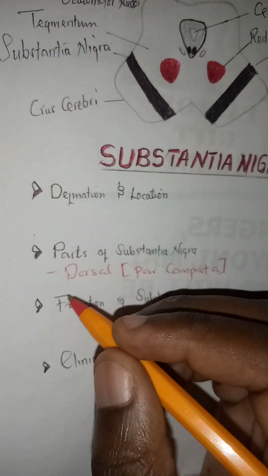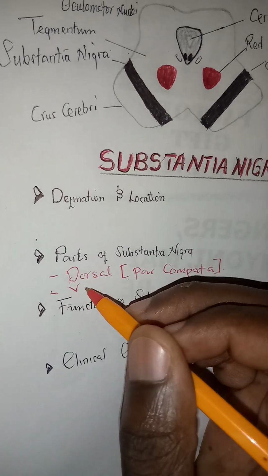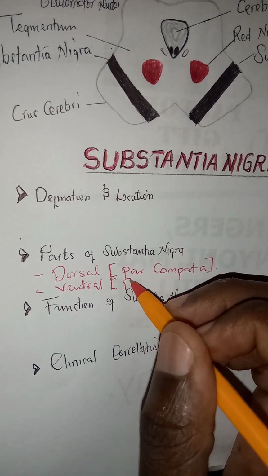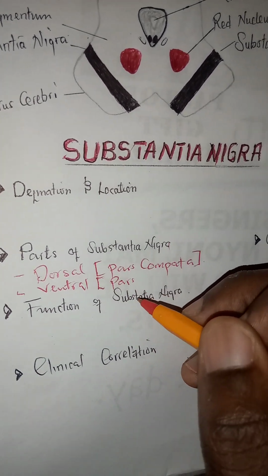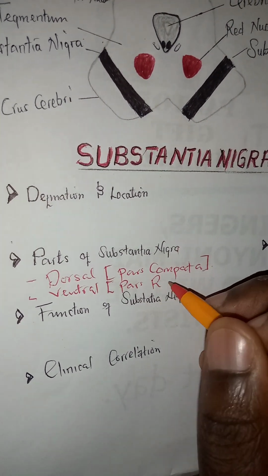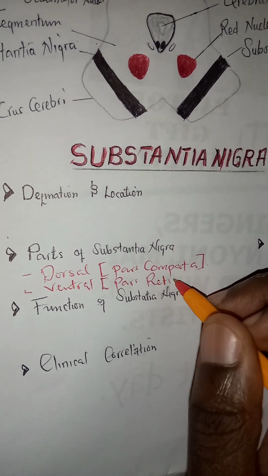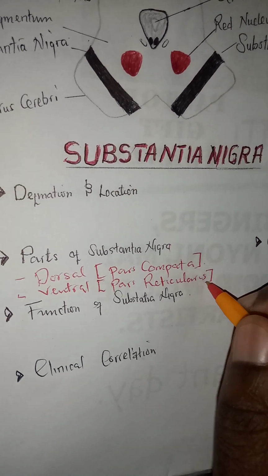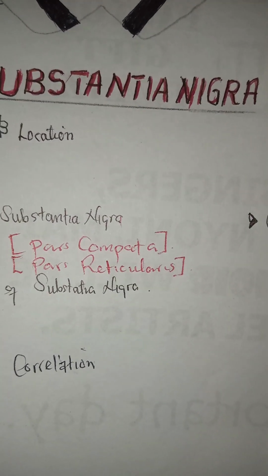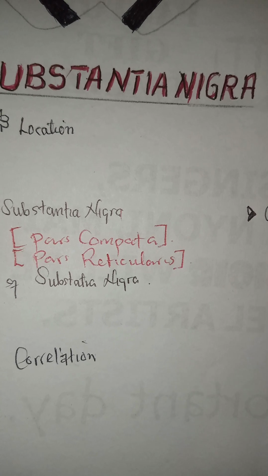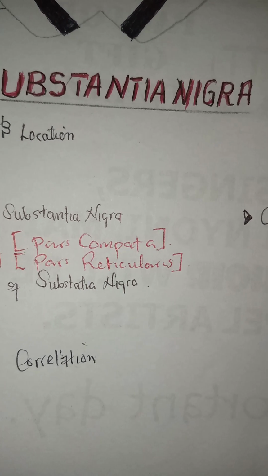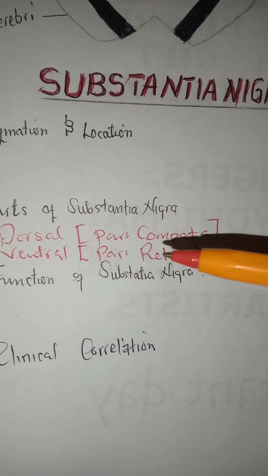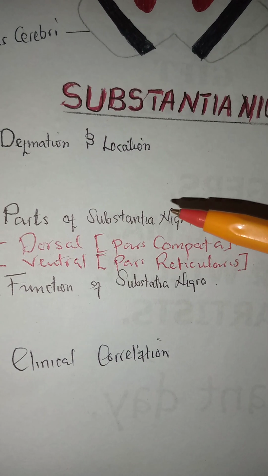Then we also have another part, the ventral part, which is called the pars reticularis. This part basically produces gamma aminobutyric acid, which is GABA. So these are the two parts of the substantia nigra.